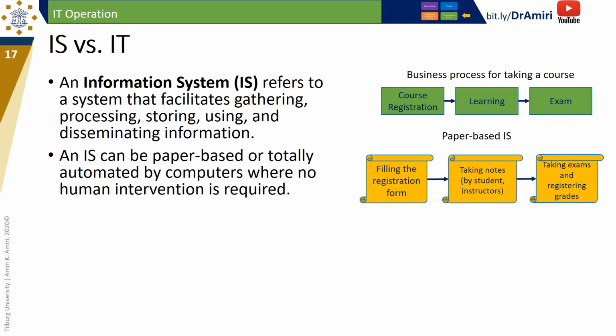Let's take a look at the business process on the right side. You see here that this business process starts with course registration, then learning occurs, and after that, an exam is taken. So we can fully support this business process by papers. We create a form on paper. The students would come and write down their names for a course so that they can register for that course.